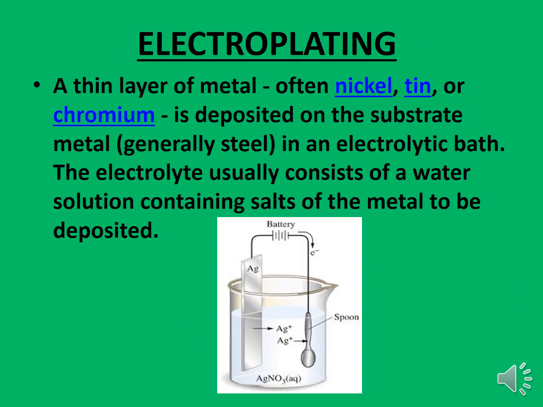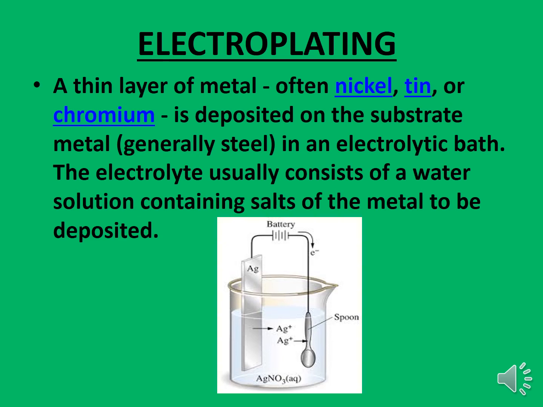The next method of corrosion prevention is electroplating. In this method, we plate one metal on the surface of another metal with the help of an electrochemical cell. For example, nickel, tin, and chromium metals are deposited on the surface of a metal which is to be protected.